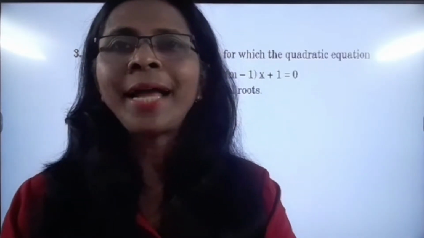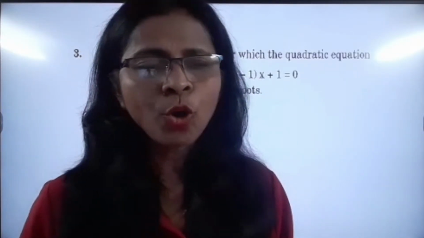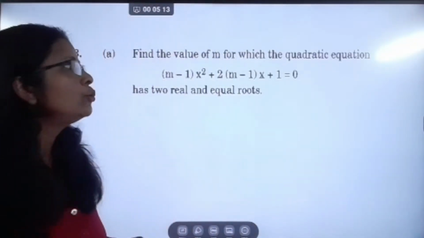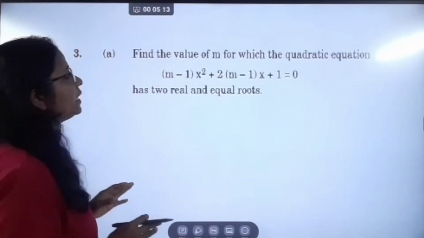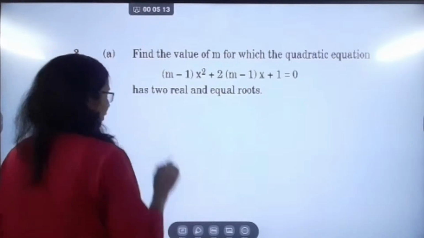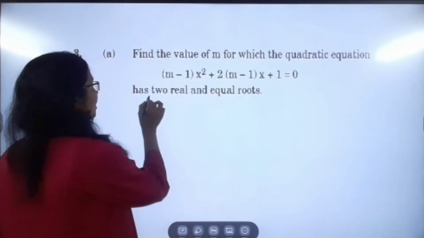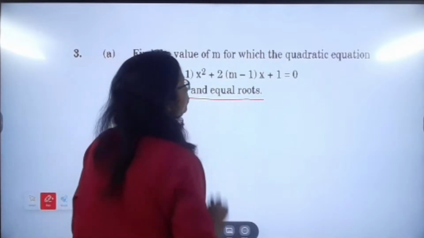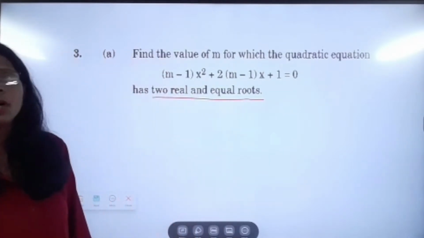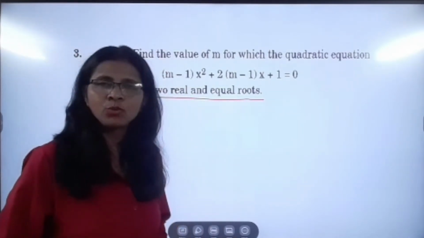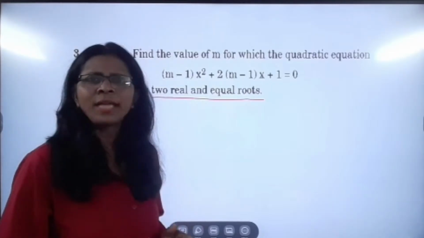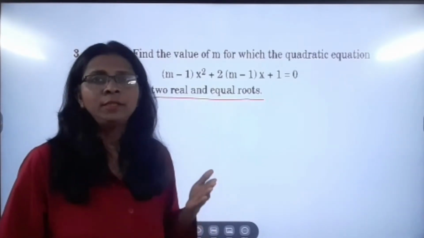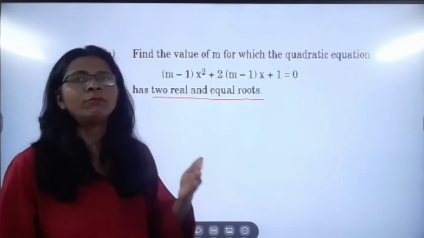Now here students, this equation is of the quadratic form, and the given information is that the equation has two real and equal roots. So that means we know that the discriminant value of the given equation is equal to 0.